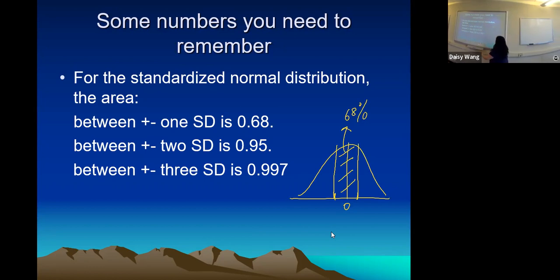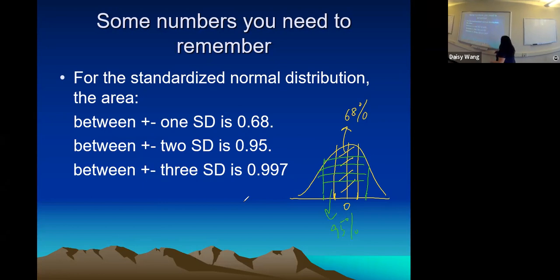Okay, and then if we go to 2 standard deviations, add one more. So the green area will be 95% of the whole area.